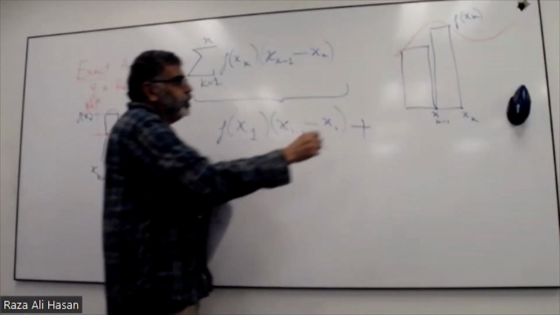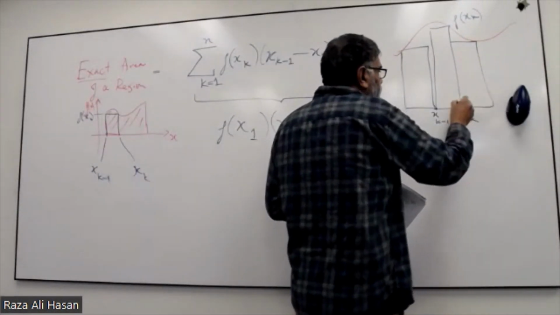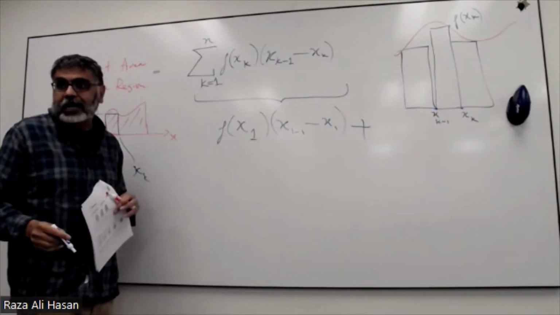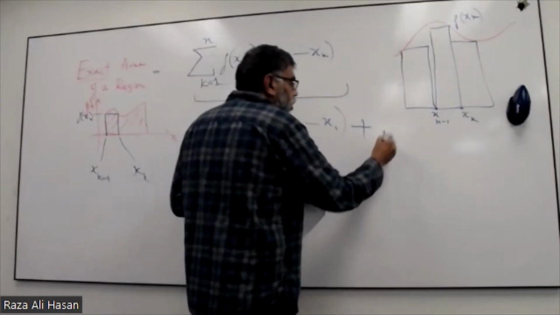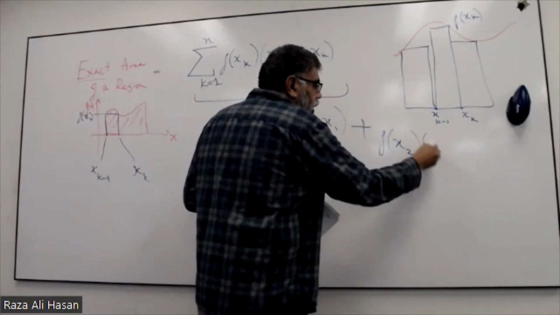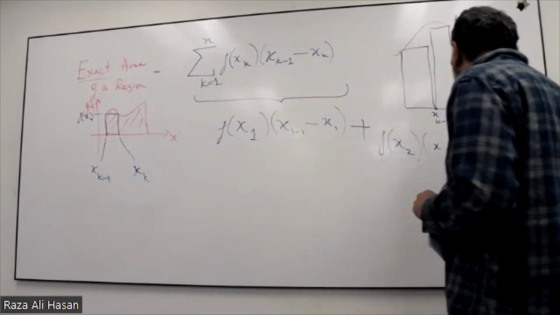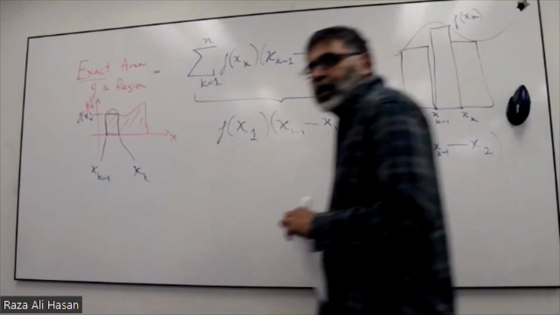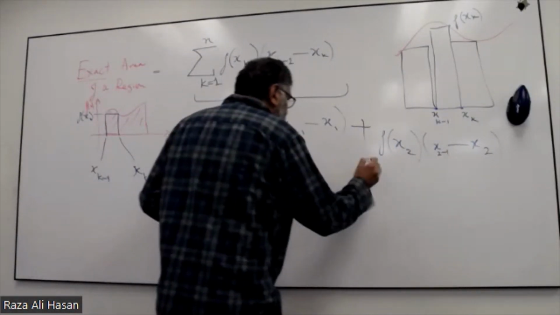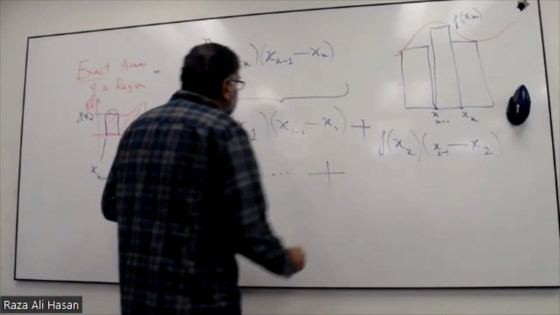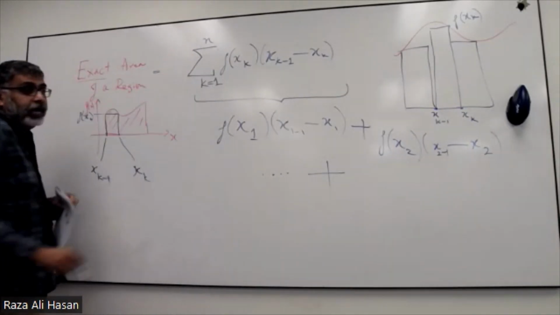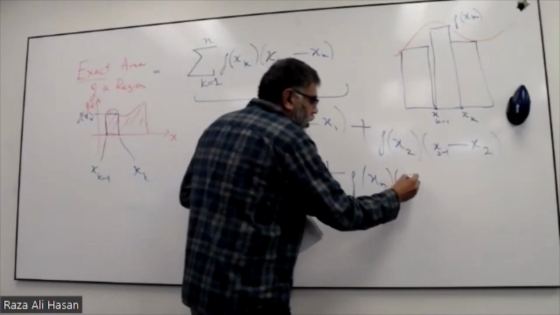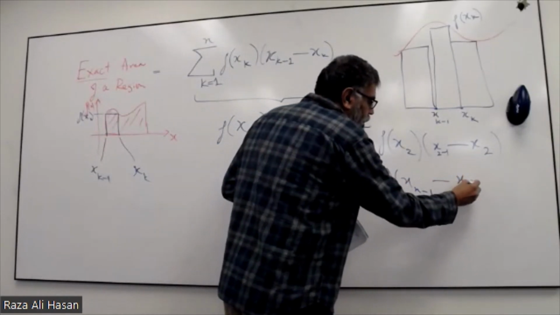Very good. So maybe it's this one here. And so we're going to have K as 2, the second rectangle. So that's the height. Very good. And then dot, dot, dot, plus all the way to N. And you agree?